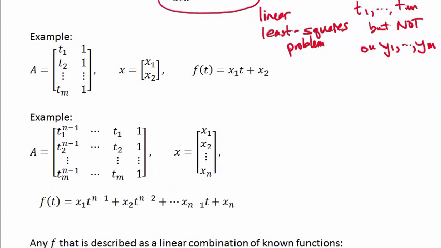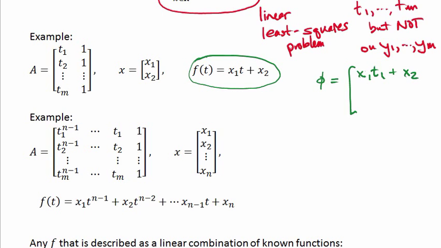So let's make this more concrete with an example. One of the most classic things you want to do is to fit a straight line. So if we said our candidate functions consist of all functions of the form x1 t plus x2, that's all linear functions. Well, we can write that in the form that we want. So the vector phi is x1 t1 plus x2, and then x1 t2 plus x2, and that, I'm sorry, we have m points.